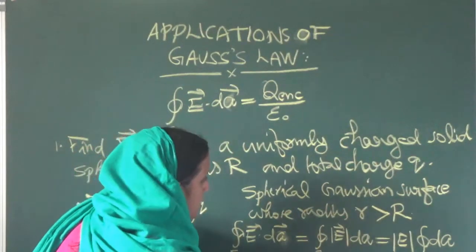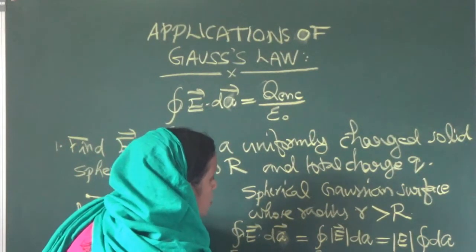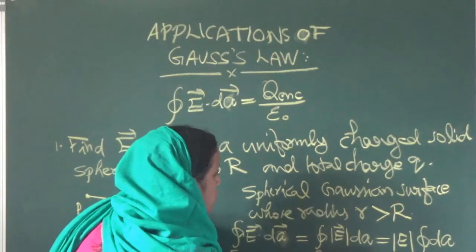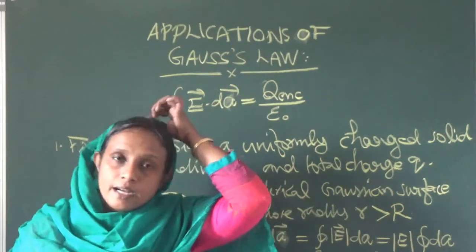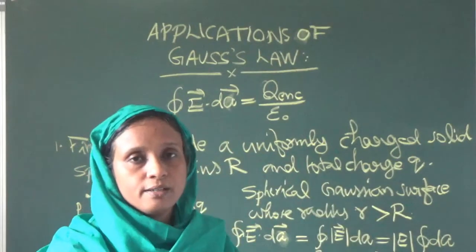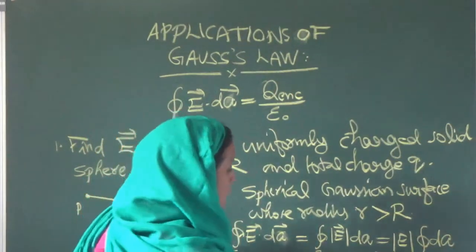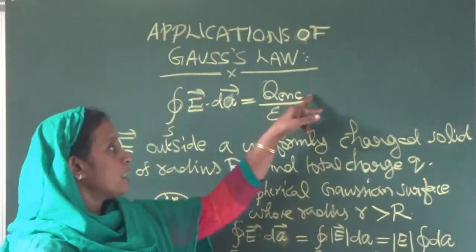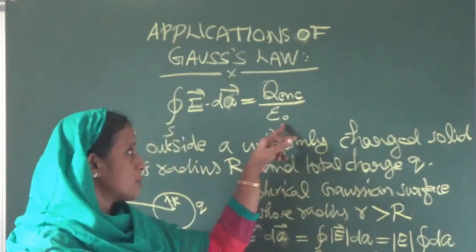So you can write this as mod E times 4 pi r square, where r is the radius of the Gaussian sphere. Now this should be equal to the charge enclosed by the surface divided by epsilon 0.